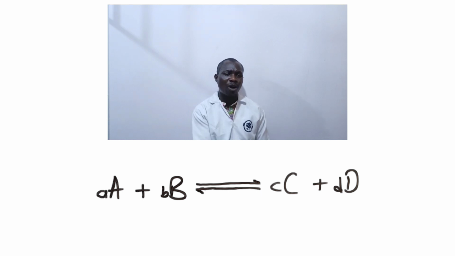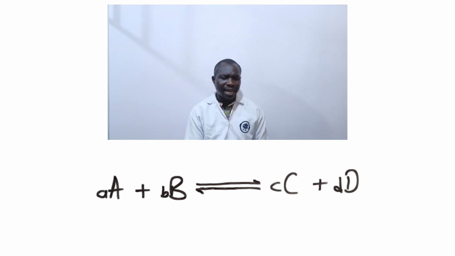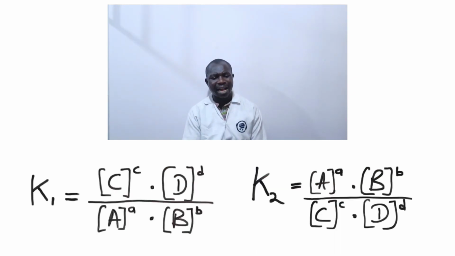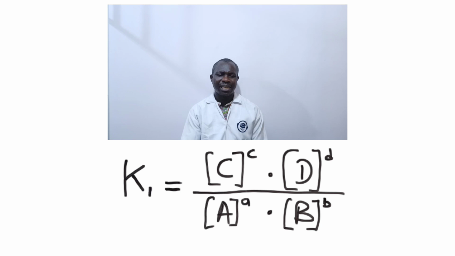A chemical equilibrium is a reversible reaction. It moves to and what? Fro. Which means that I have K1 and K2. K1 is cC plus dD, while small c and small d are coefficients, over aA times bB, while small a and small b are coefficients. In K1, which is the equilibrium constant for the forward reaction, C and D are what?